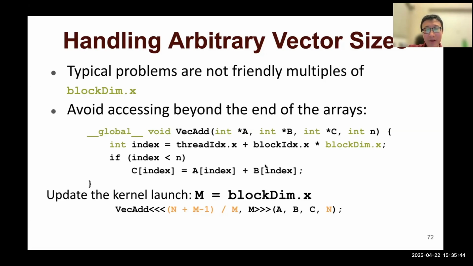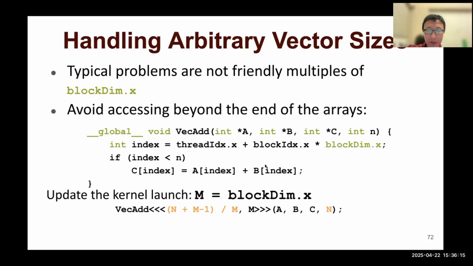Basically, it gives you 1 plus n minus 1 divided by m. Wait a second, I'm sorry. n plus m minus 1 divided by m will give you the minimal number of blocks to cover all your n elements.